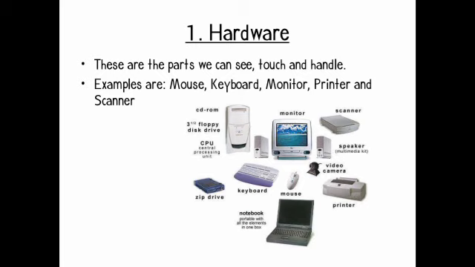So those parts of the computer system that you can see, touch, and handle are what we refer to as the hardware components. And examples of this hardware are the mouse, the keyboard, the monitor, the printer, the scanner, and so on and so forth. So all these parts, I believe you can see them, touch them, and handle them.